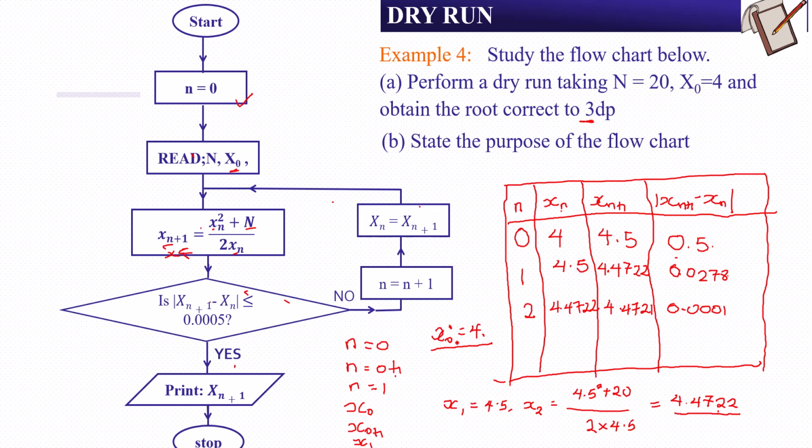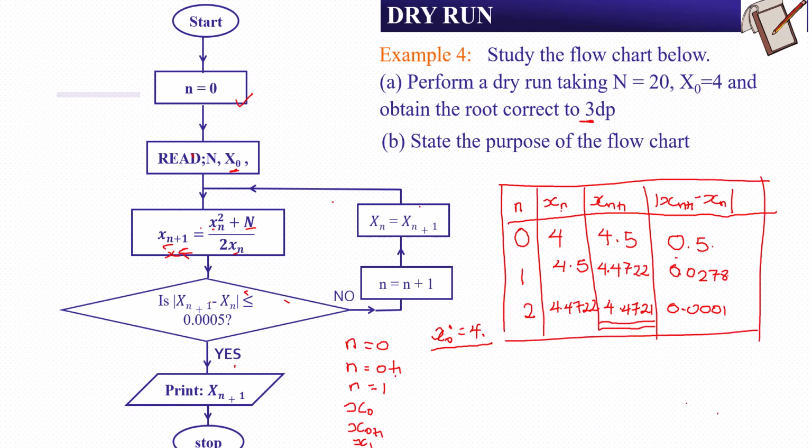That means we stop there and we print our value of xn plus 1. And in that case, it is this value, and this value gives us the root. Therefore, the root becomes 4.472, because they said we must put it to 3 decimal places.